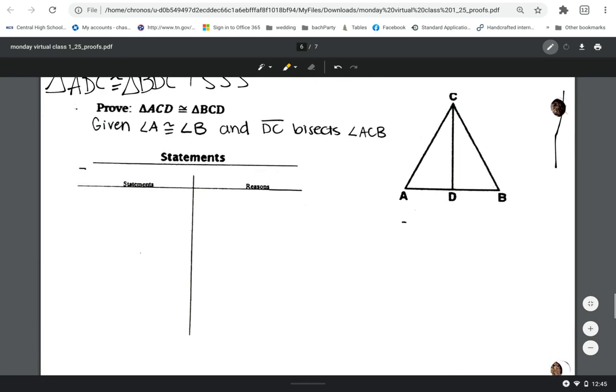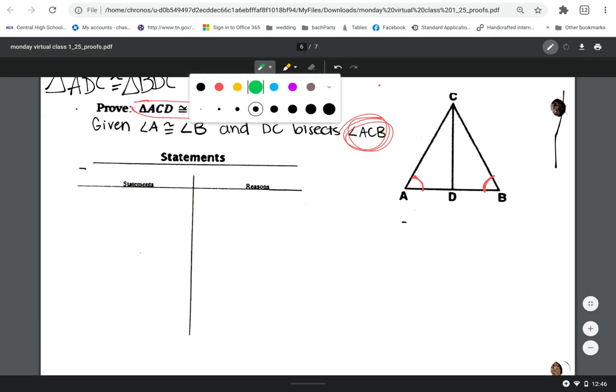So let's look at this one. So remember, first label. So prove this, okay, given angle A is congruent to angle B and DC bisects this angle. All right? When we bisect something, we get two congruent parts.